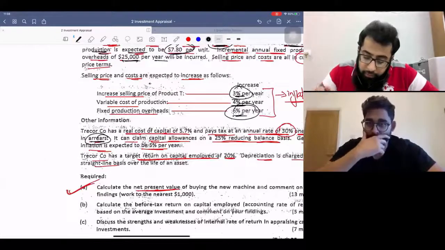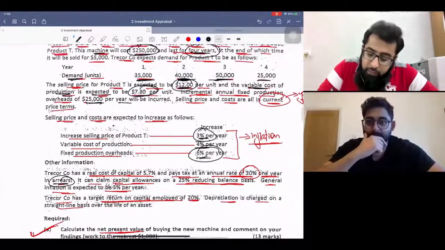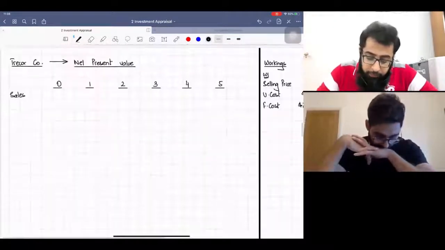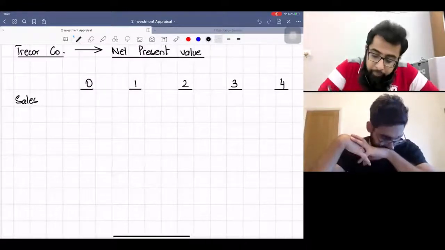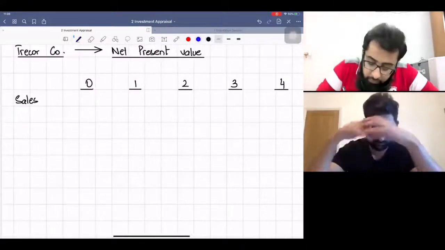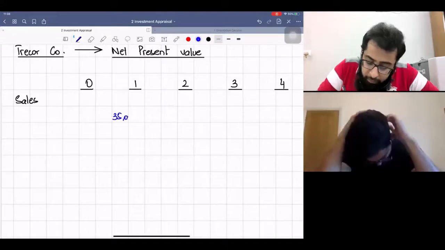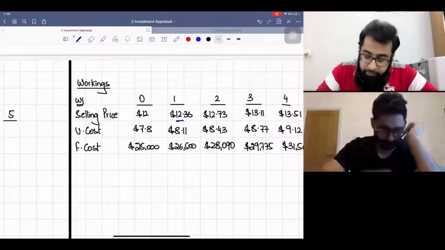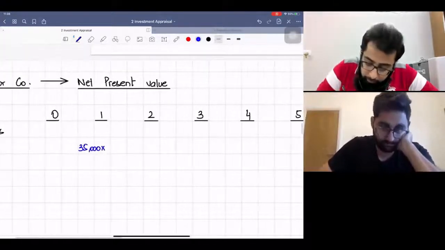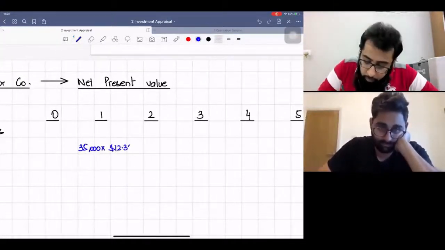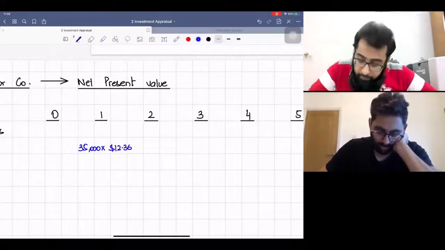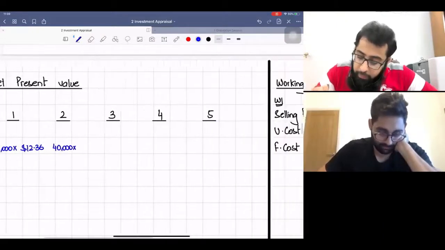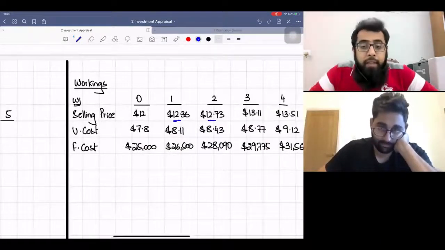So you made a small working, and now if you look at the number of units, your number of units are 35,000, 40,000, 50,000, and 25,000. So let's start putting the sales: 35,000 units multiplied by your selling price, which is 12.36. Then 40,000 units multiplied by 12.73.